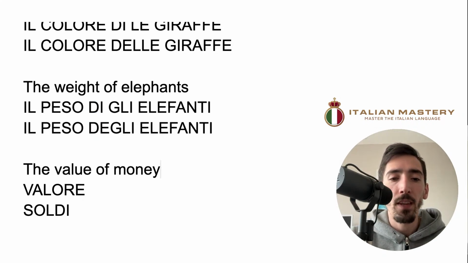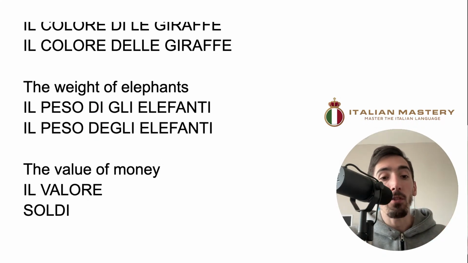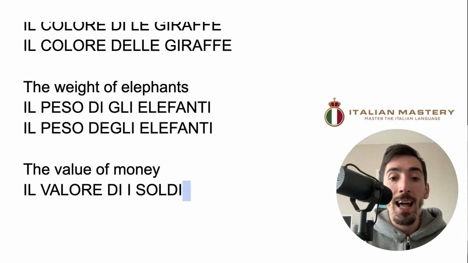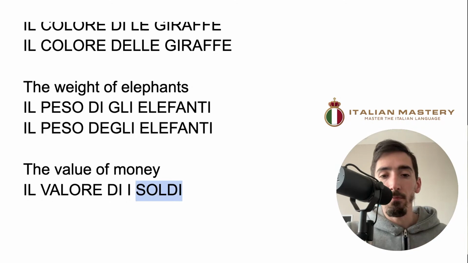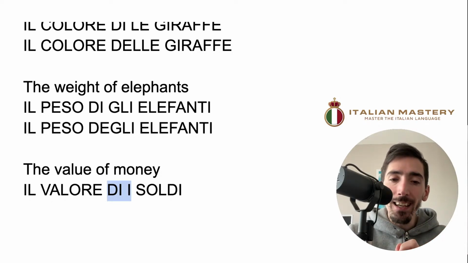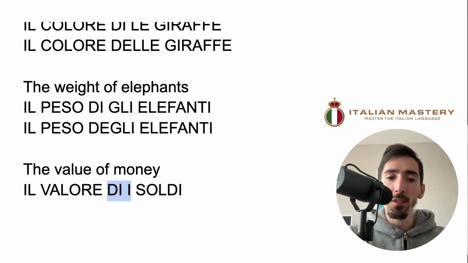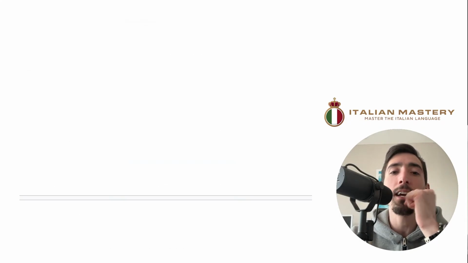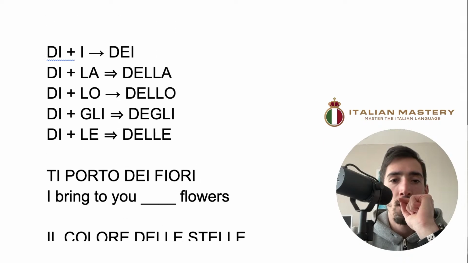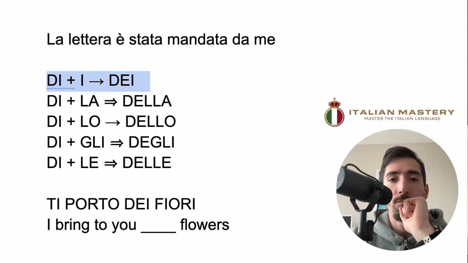The value of money. Il valore. Why? Because valore is masculine. Valore, valori. Il valore di i soldi. Now, i soldi, we've seen it's plural, and we've already seen di plus i. Di plus i binds and forms which complex preposition? We've seen it at the very beginning of today's lesson. Here we go.